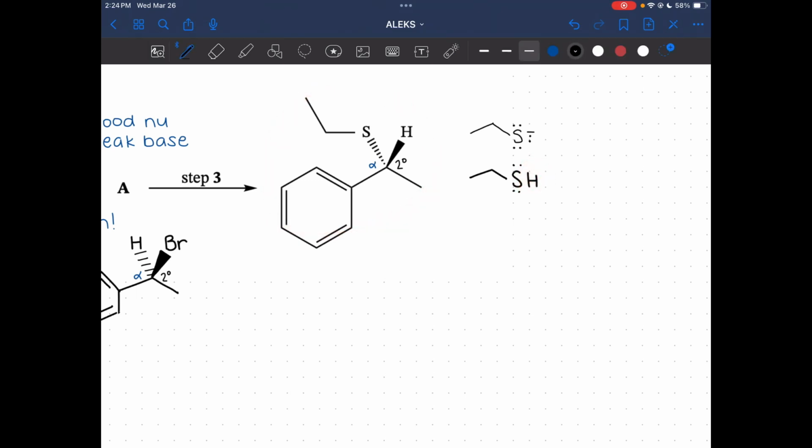I'd basically have something that looks like this. I'll erase this after I'm done. And I know that obviously I don't have that there. I would need an extra little acid-base situation to finally get to the final product and neutralize that charge. So that's telling me it must have been a charged sulfur with no H on it, because that would bring about that extra acid-base step. And I know I don't want that.